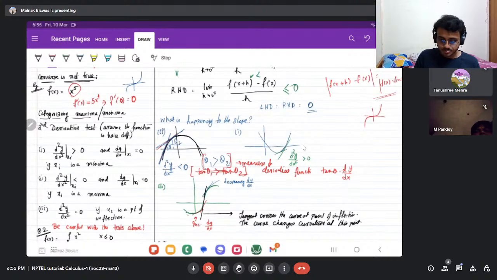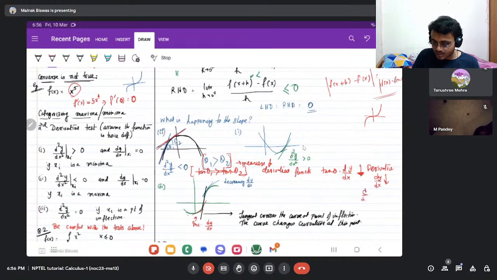So you see the slopes of these tangents are decreasing, right? When the slope of the tangent is decreasing, it means the derivatives are decreasing. So the derivative dy/dx is a decreasing function.